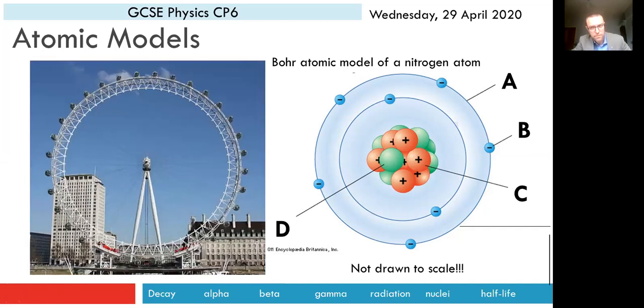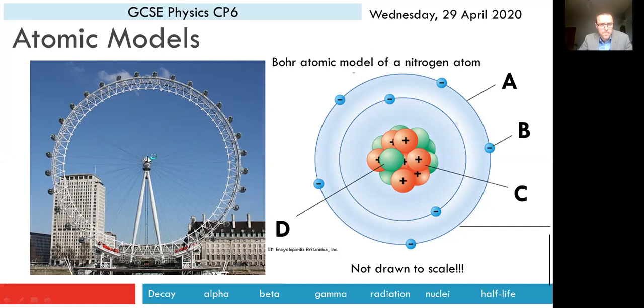How much smaller? I hear you cry. Okay, so let's have a look. I just want you to use this as another model to help you imagine just quite how small the nucleus is relative to the atom. If we were to take this atom and blow it up to the size of the London Eye, then how large would the nucleus in the middle be?